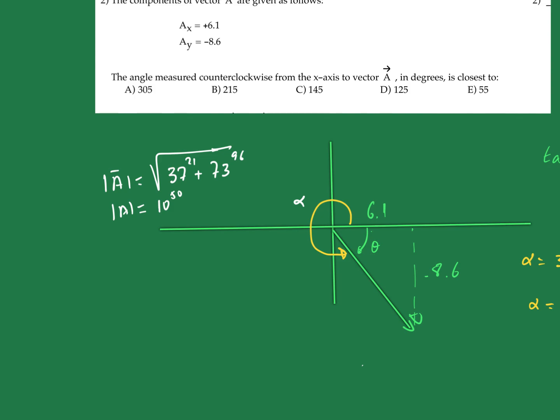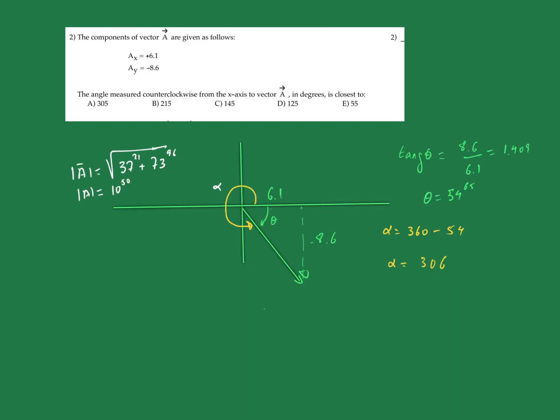So how will I solve this problem? Well, I will find the tangent of this angle theta. The tangent of this angle is this divided by this, the opposite divided by the adjacent. So the tangent will be 8.6 divided by 6.1, which is 1.409.